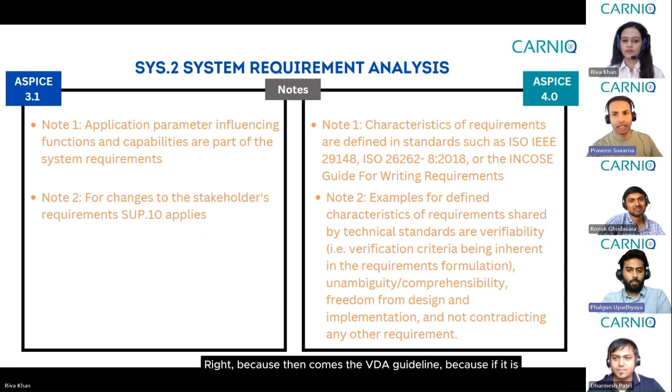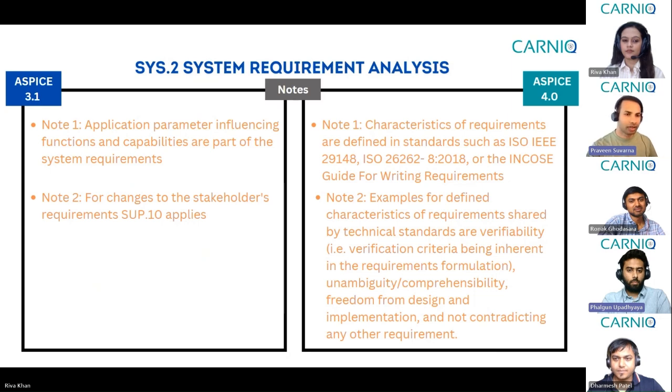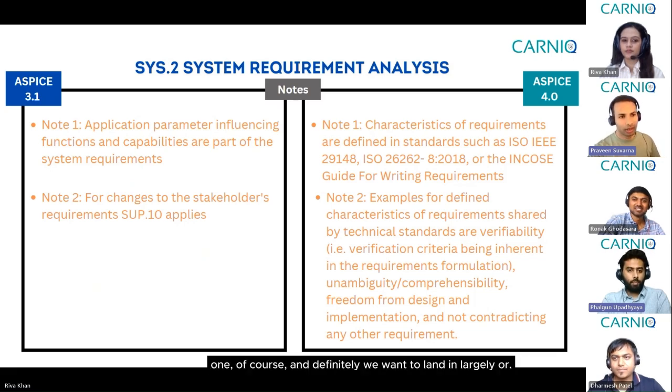Because then comes the VDA guideline: if it is downrated, you cannot rate other base practices higher than this. BP1 is the important one, of course, and definitely we want to land largely, or in the best case fully, in BP1 so that our overall result is not affected.